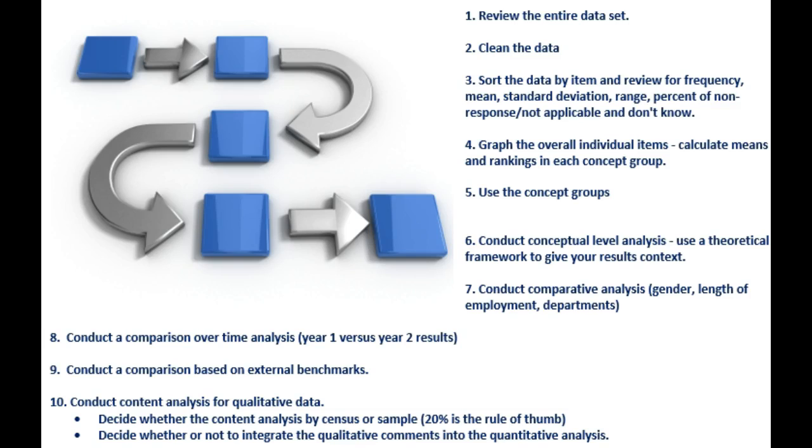Graph them from individual items and calculate their means and rankings within their concept groups. Use the concept groups and say, how are these concept groups doing? We took the overall content of those concept groups and looked at them in comparison. Say we look at something about mission versus looking at something about morale, and how do those things compare?